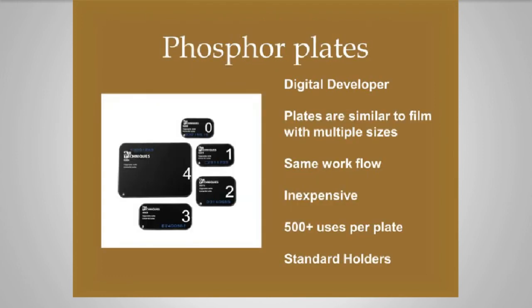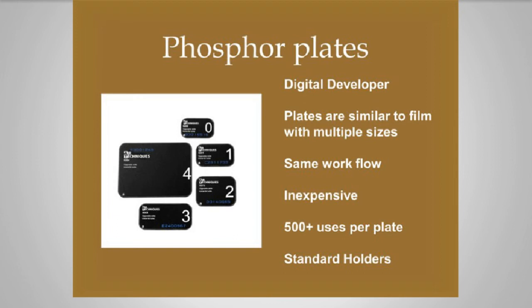Simple enough. When we're talking phosphor plates, one of the benefits is it's basically what I call a digital developer. They look like film, even up to a panoramic film. You can get big ones, so if you have an analog pan, you can continue to use it, and it shouldn't be a problem. You're going to use XCP holders just like you always have.